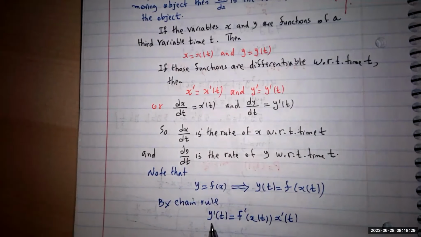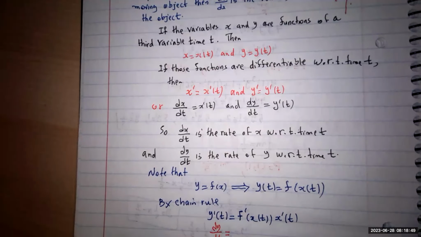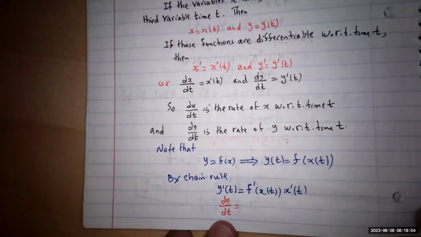But look at this notation that you have. So change this notation into the rate notation. So what's going to be the rate notation? Y prime is the rate of y with respect to t. So that gives you dy/dt is equal to f prime.